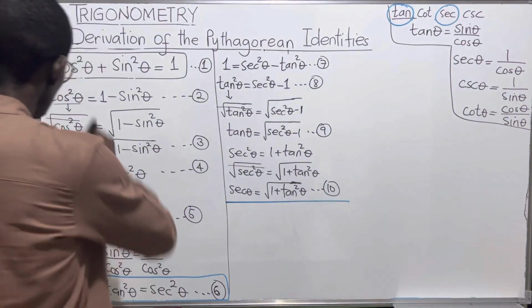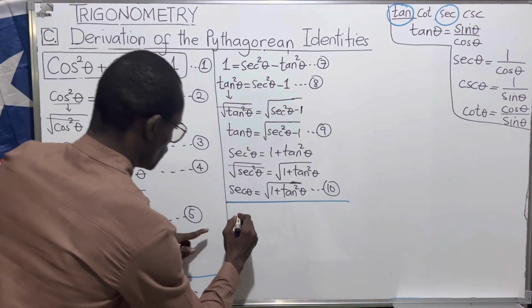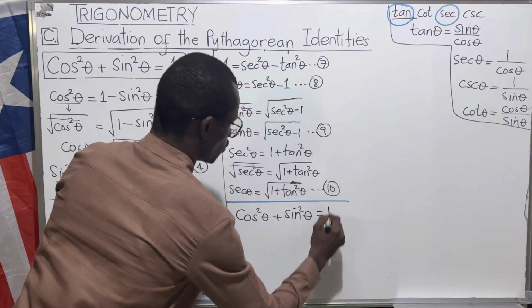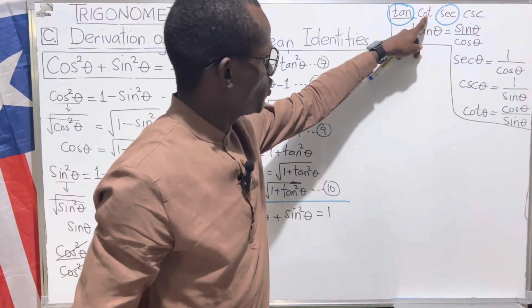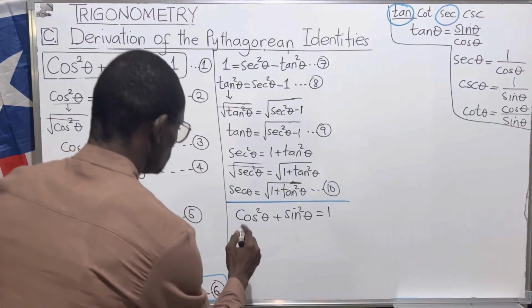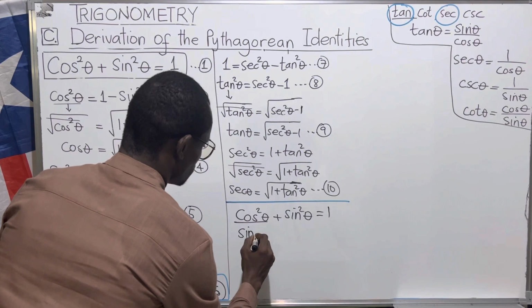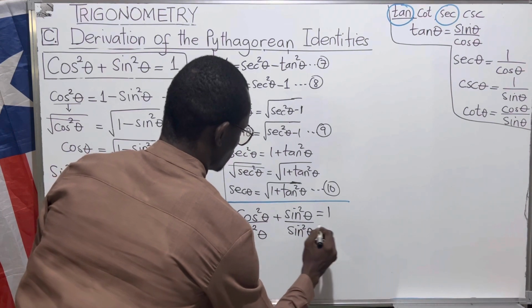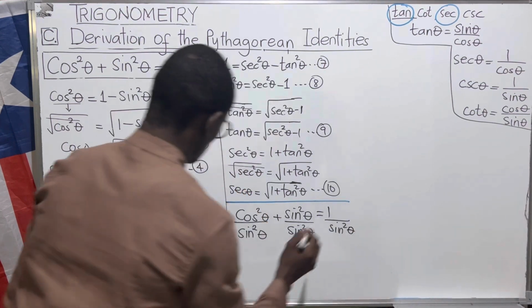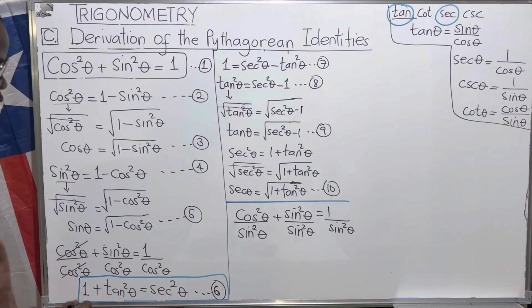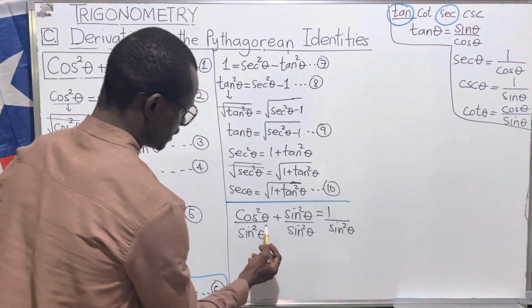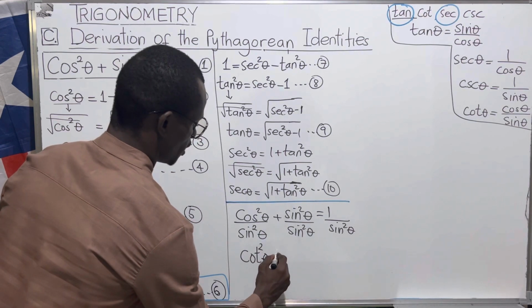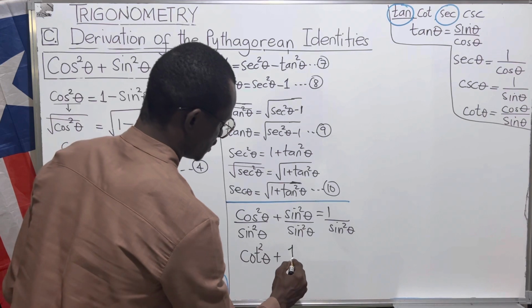It means we must take the original identity, which is cos square theta plus sine square theta equals 1. Since we now want to get cot, and we know that cot is equal to cos over sine, we must divide all sides by sine of theta. So now it is squared because the numerators are all square terms. Sine square theta divided by sine square theta, like the way we did in this case. So cos squared theta divided by sin squared theta is just cot square theta, plus sin squared theta divided by sin squared theta is just equal to 1.